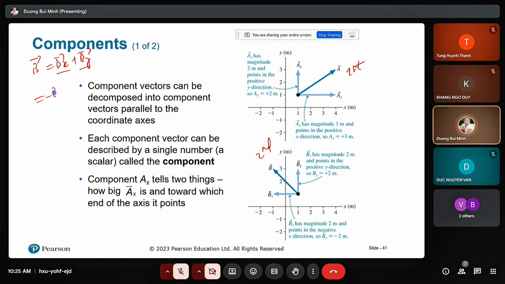But if we write minus Bx i-hat plus By j-hat, I know this is the second quadrant, right? If you just analyze vector B into two components, Bx and By, we don't know which quadrant. But if we use this format, I know vector B belongs to the second quadrant.